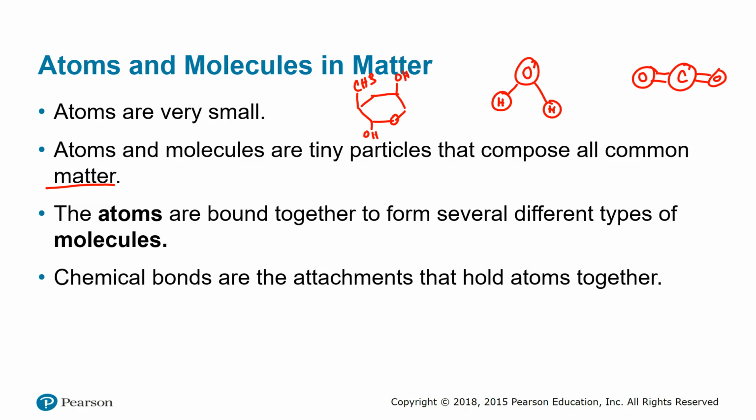You can have just two atoms interacting with each other that are not chemically connected. So, for example, in our atmosphere, we have nitrogen gas, we have oxygen gas, we have water vapor, we have carbon dioxide, we have carbon monoxide, we have helium, all of that in very, very small parts.